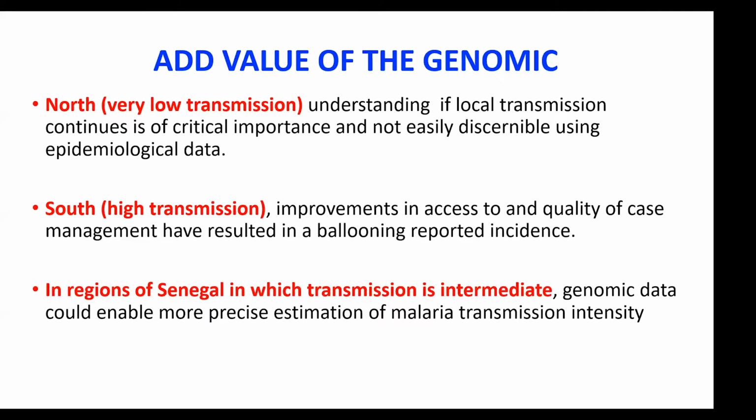As we know, what we were looking for is to understand in the north elimination if local transmission continues or is critical as imported or from other things. In the south, high transmission, improving access to and quality of case management have resulted in a dwindling of reported incidence. Next slide, please.